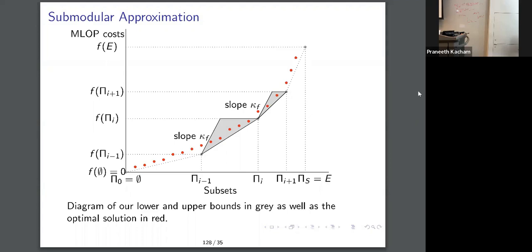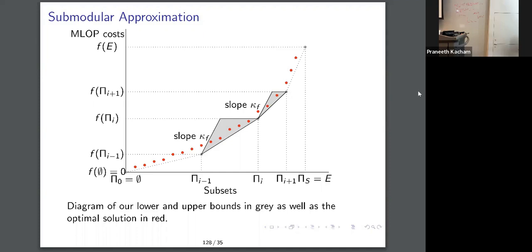So we get the principal partition sets, and we give the ordering, arbitrarily ordering vertices of each principal set, and then in the same order of the principal partition. And what we need to show is that the MLOP objective is not much larger than this.